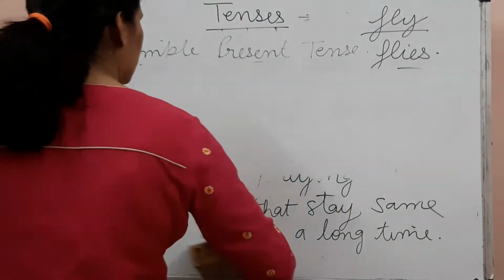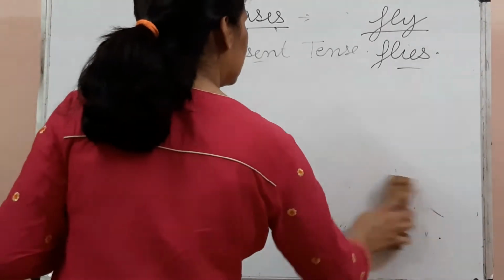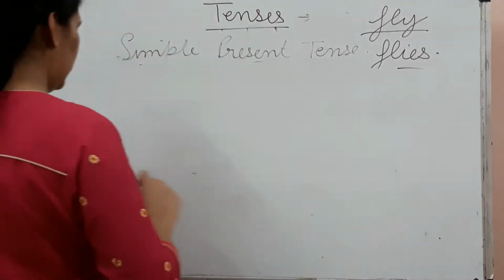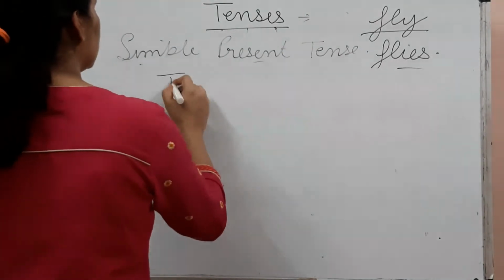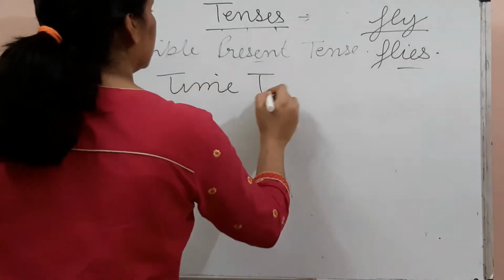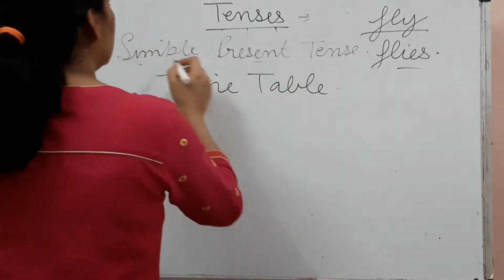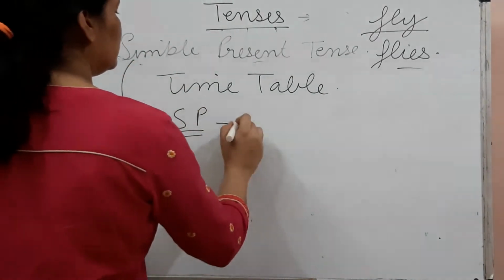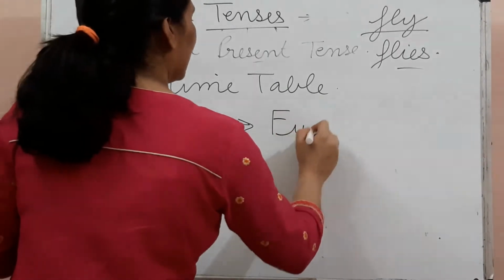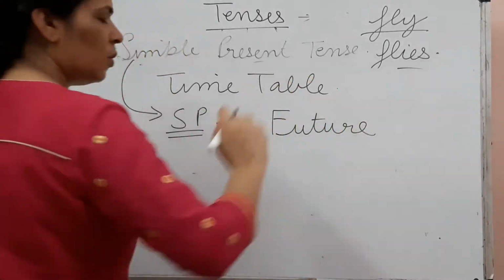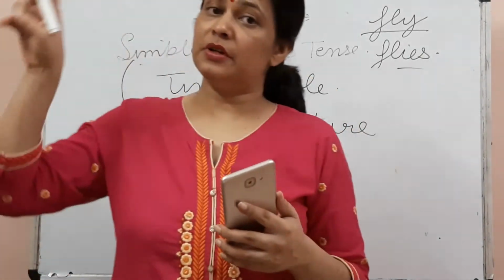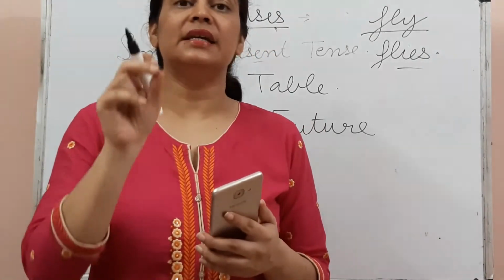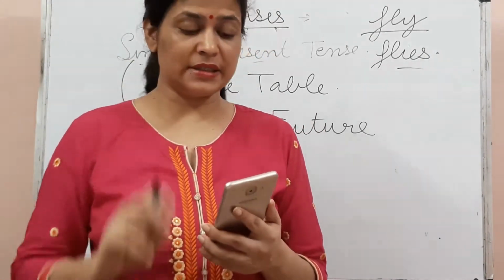That means it is always going according to that, and that is why it is never going wrong. So things which are going according to timetable, there simple present tense is used to tell you future actions. How? The action will happen in future, but you are using simple present tense. How? Let's see the example.